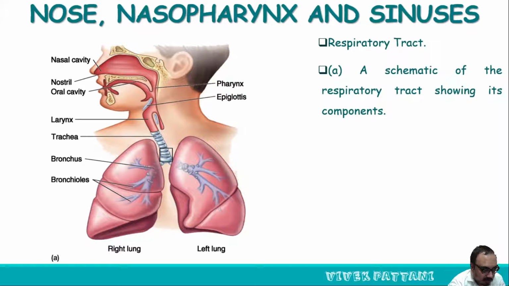These structures are surrounded by capillary networks and are the sites of gas exchange in the respiratory system. The human lungs contain more than 1 crore alveoli.